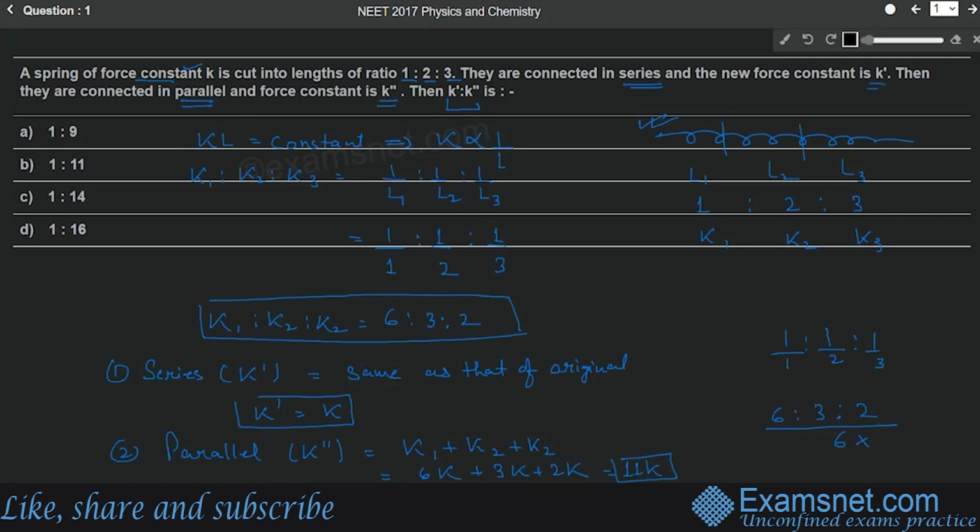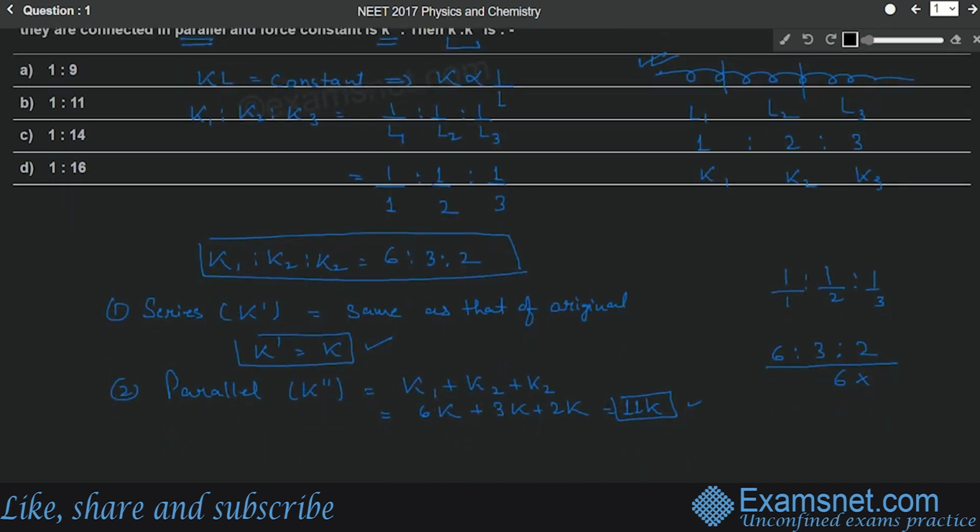So K dash is equal to K and K double dash is equal to 11K. Can we find the ratio? K dash by K double dash will be equal to K upon 11K. K is cancelled, 1 by 11 is left. That means this ratio is equal to 1 is to 11. Therefore, option B will be the correct answer.